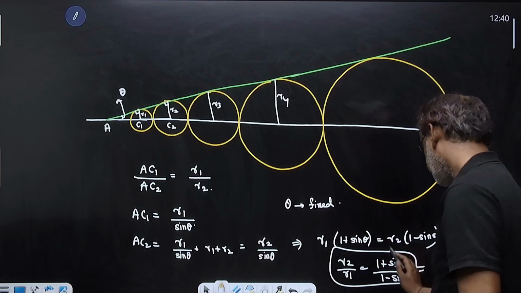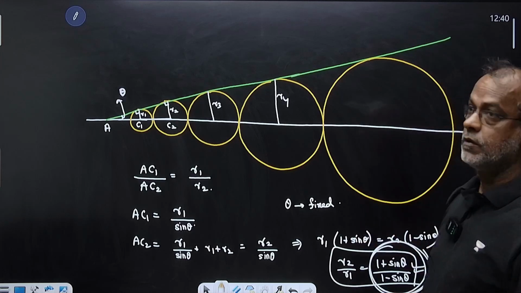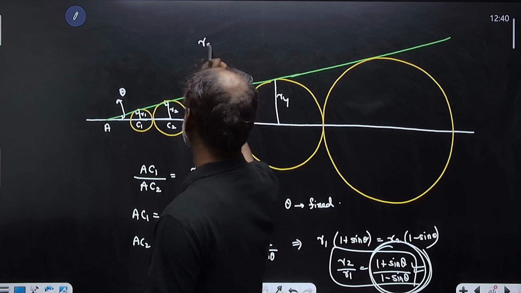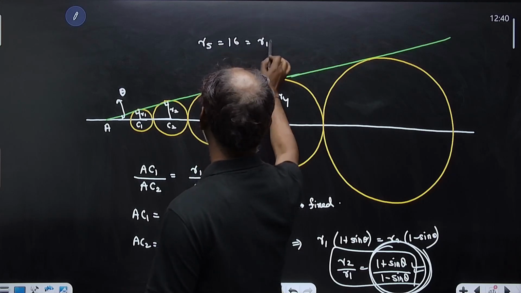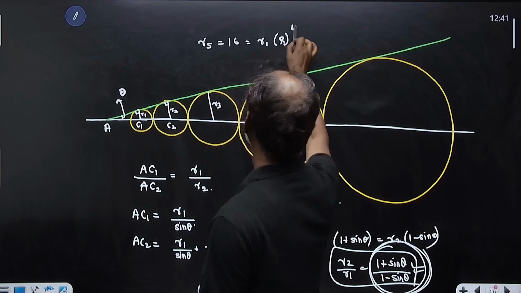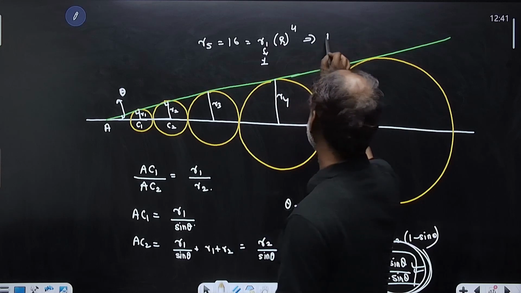This is a fixed ratio because theta is a fixed number. If that common ratio is capital R, you are given R5 is 16, R1 is given to you as 1. So, capital R is 2.